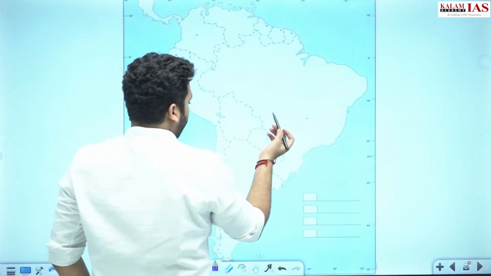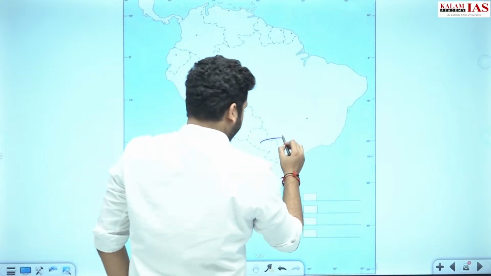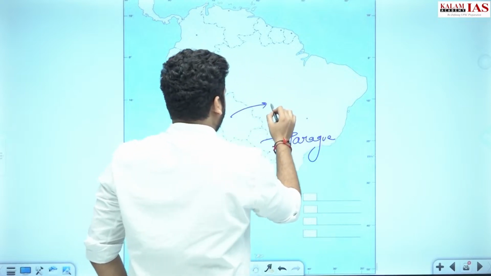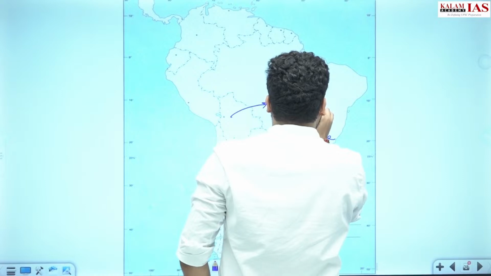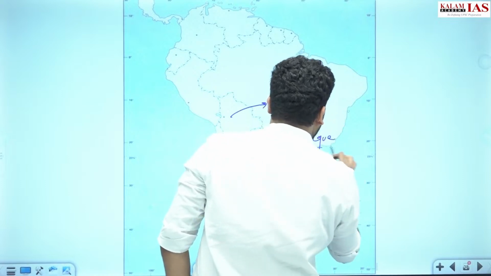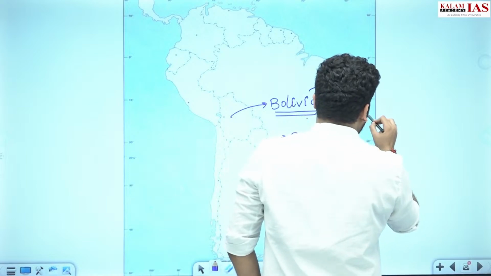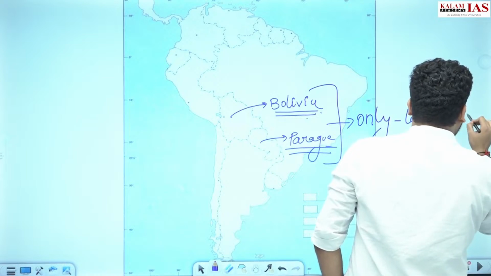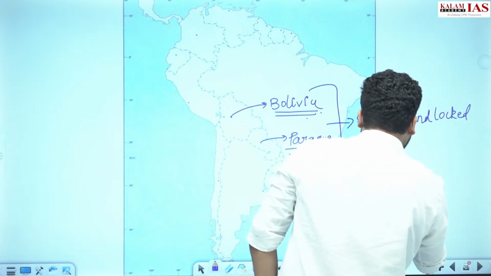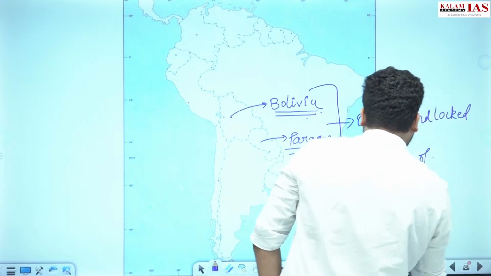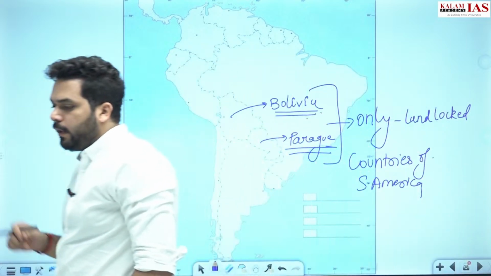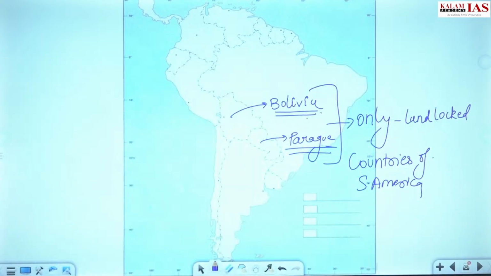There are only two landlocked countries in South America, that is Bolivia and Paraguay.